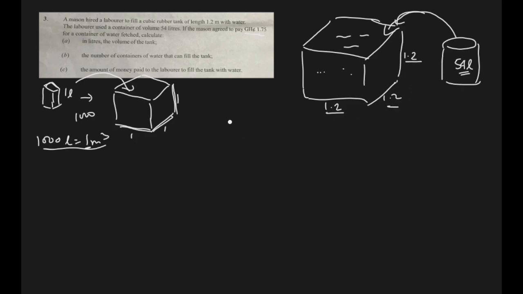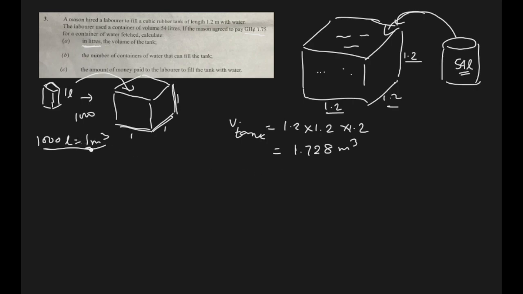That's what we'll do. So the volume of the tank will be 1.2 times 1.2 times 1.2, which is 1.44 times 1.2, 1.728 meter cube, right? But we want this in liters.